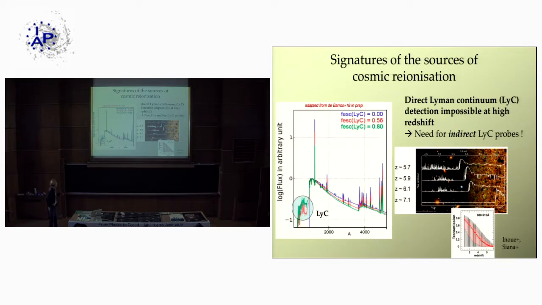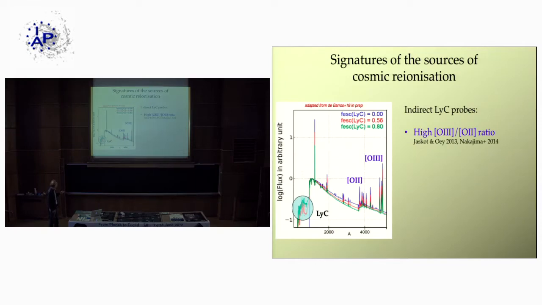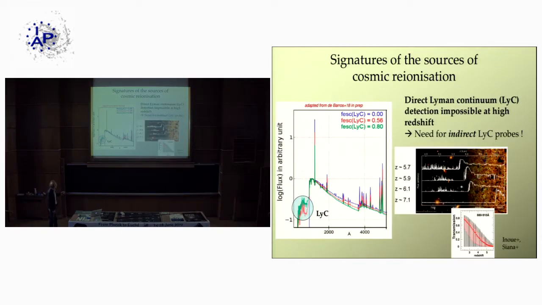That means that at some stage we need to switch to indirect methods, because we will not be able to observe the Lyman continuum directly anyway. This is what I'm going to talk about now.